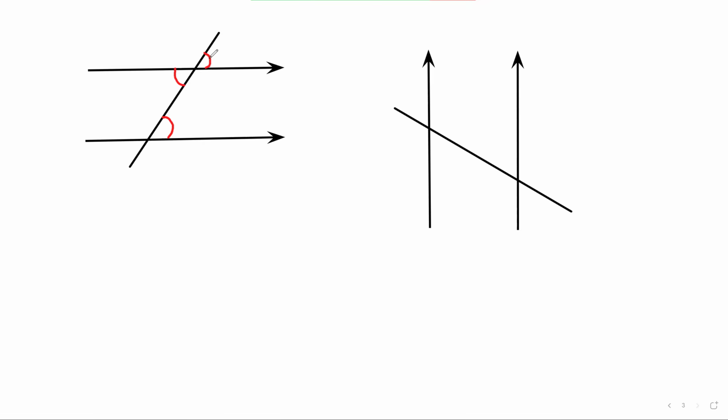Also, these are called vertically opposite angles, so they'll be equal to each other. All of these red angles here are actually equal to each other, right? This angle here is vertically opposite to this one, and also it's corresponding with this one. So the green ones are corresponding angles on your left side, and then the green ones on the right side are also corresponding angles, right?